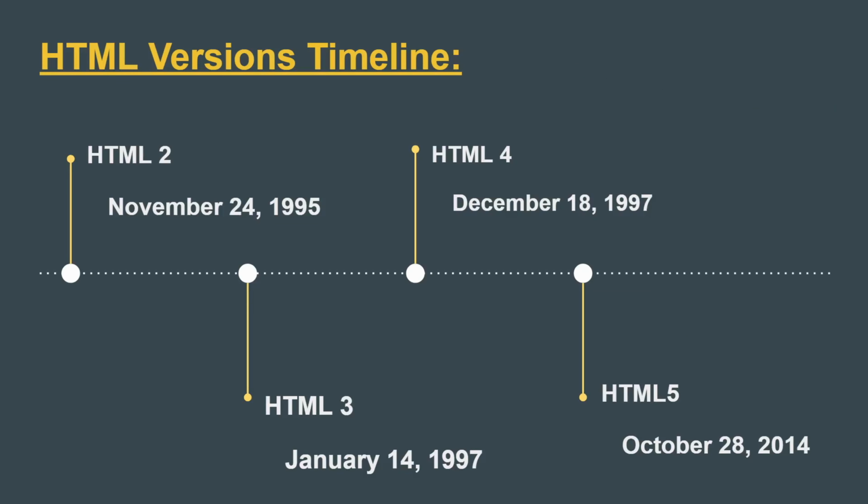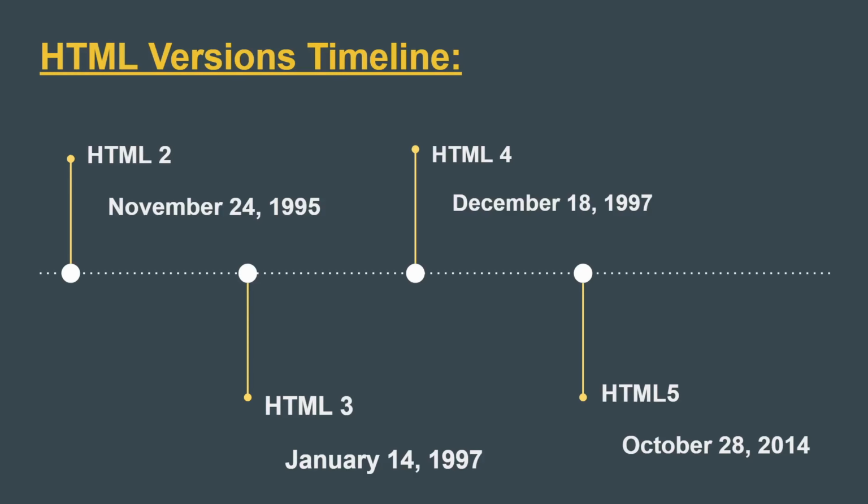You will also need to know that HTML has a lot of versions. Version 2, for example, version 2, 3, 4, and 5. The difference between the versions is that the W3 organization, which is the organization that is responsible for making the web standards or HTML standards, made some differences.